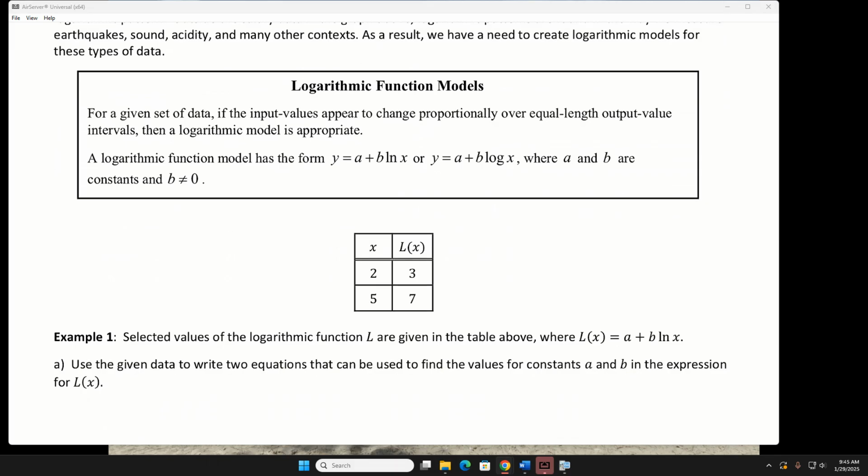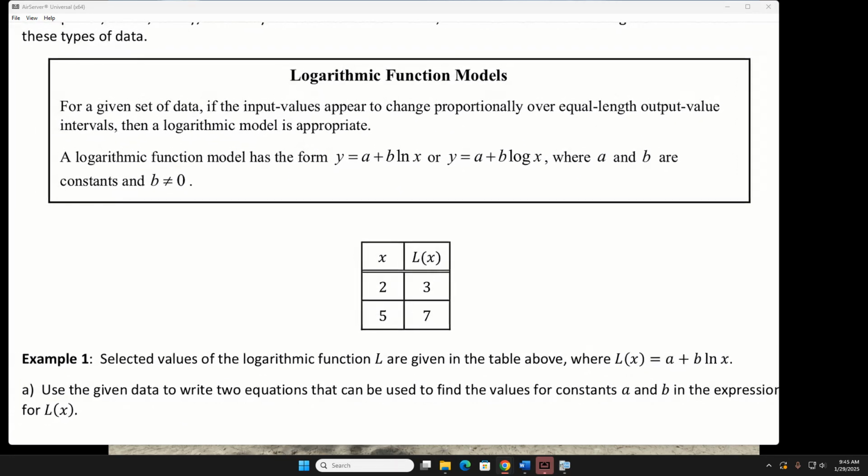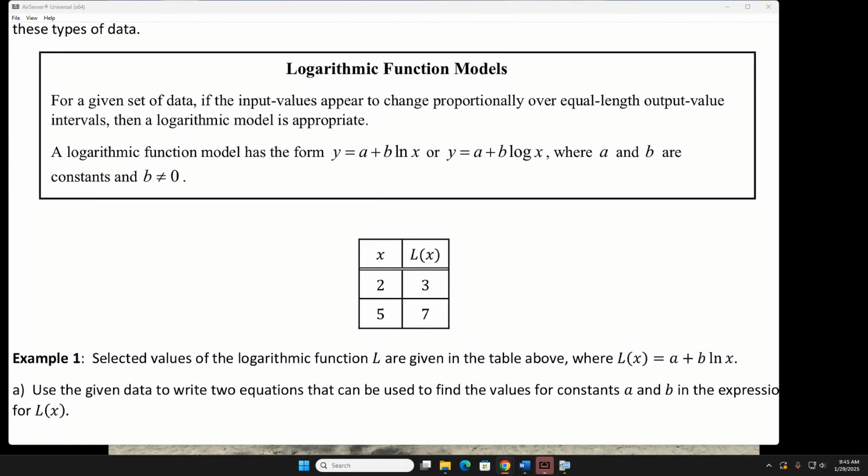All right. And so we are going to use the regression features in the calculator sometimes with logarithmic, and about half the time we won't be able to for the problems that we're doing. Whenever it looks like a plus b natural log of x, that's when you can use the regression features in the calculator.